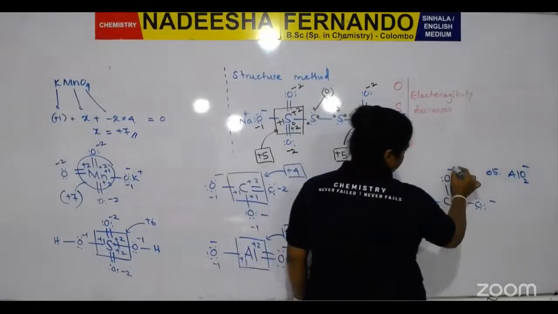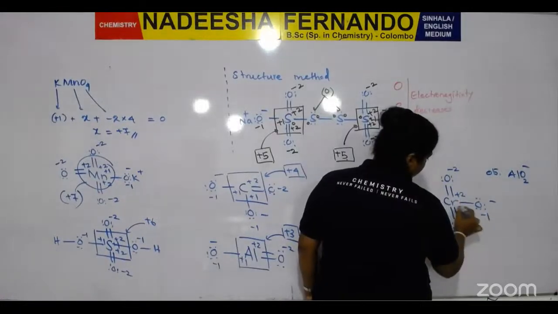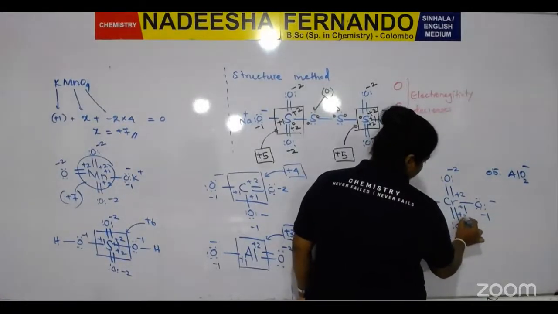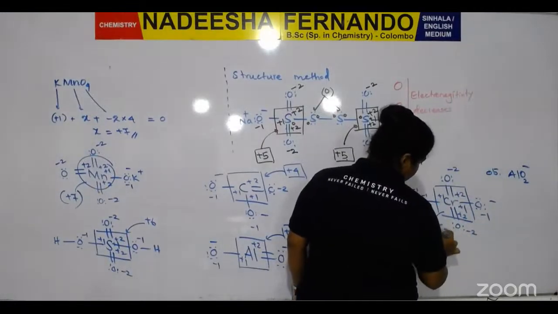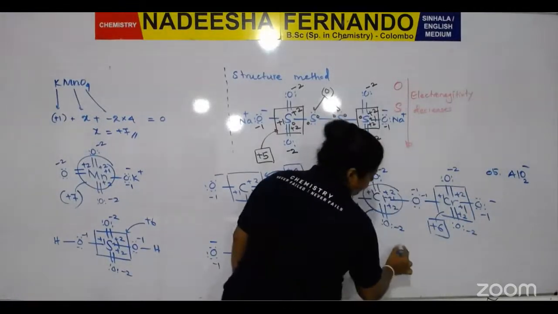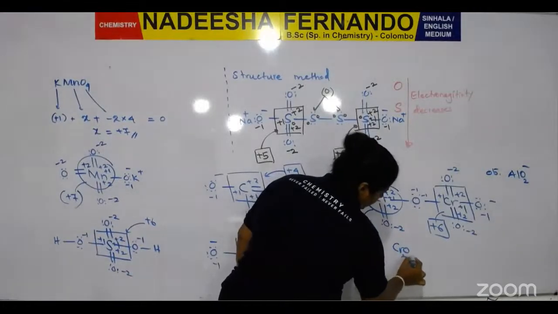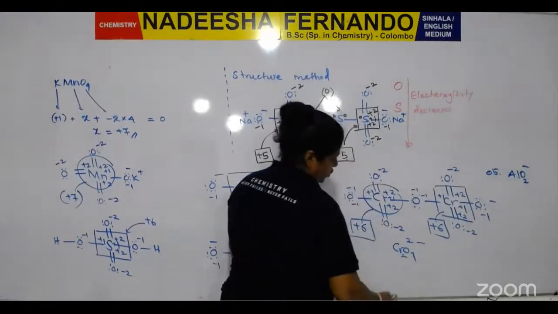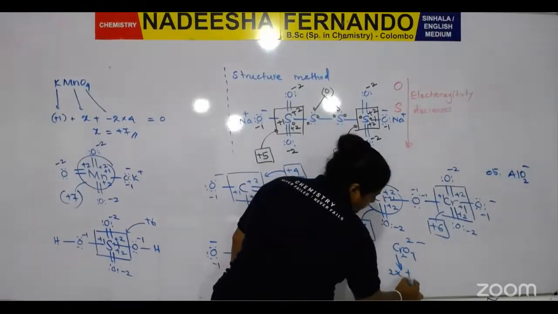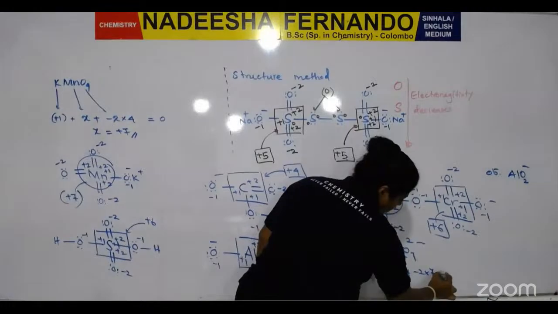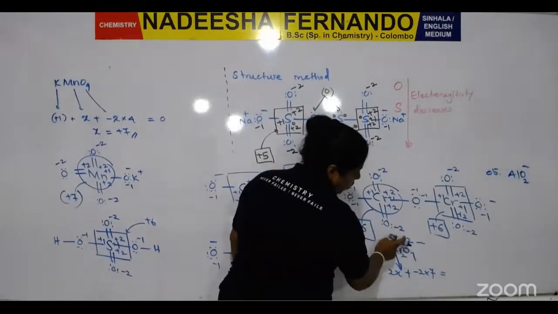This one also the same, minus 2 plus 2, minus 1 plus 1, minus 2 plus 2, minus 1 plus 1. Here is plus 6. So if you use the formula method, Cr2O7 2 minus, you need to take the chromium as X. There are 2X plus minus 2 into 7. The sum of these two equals the overall charge, right?